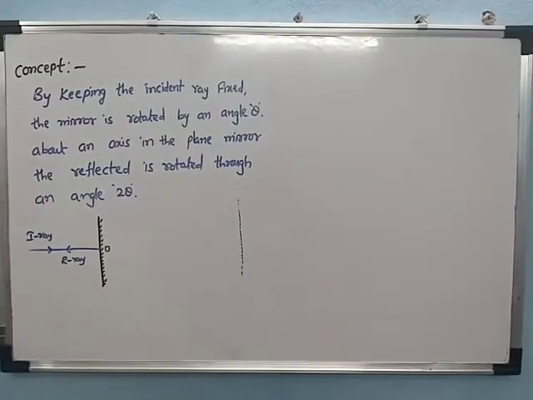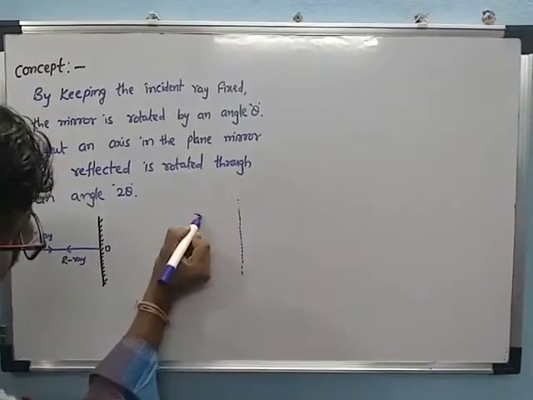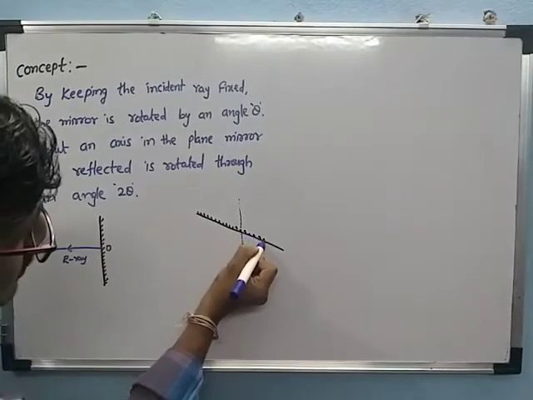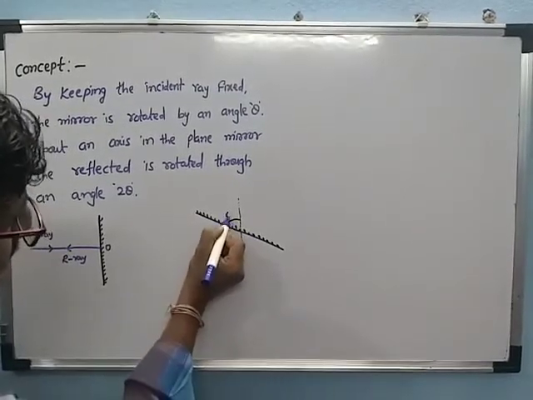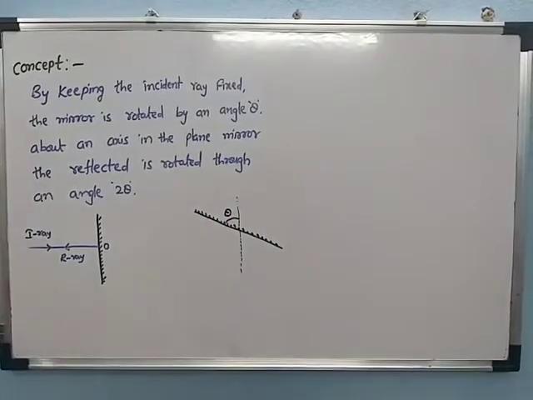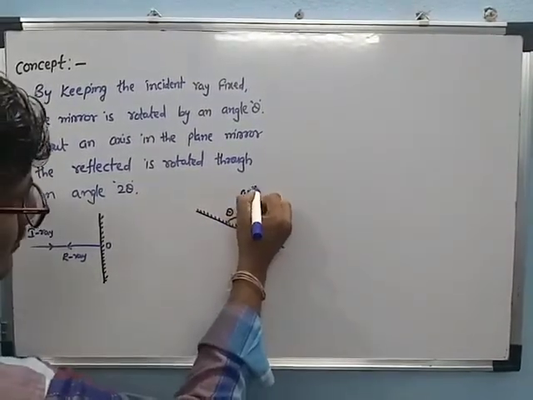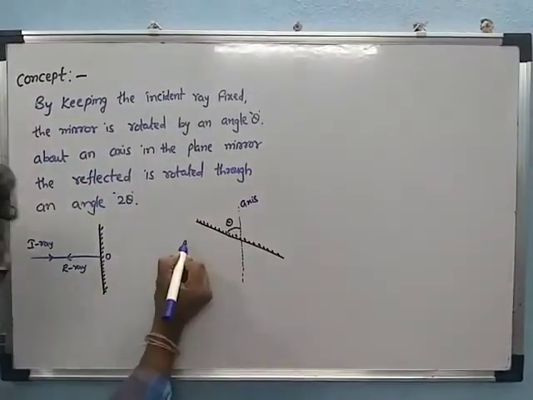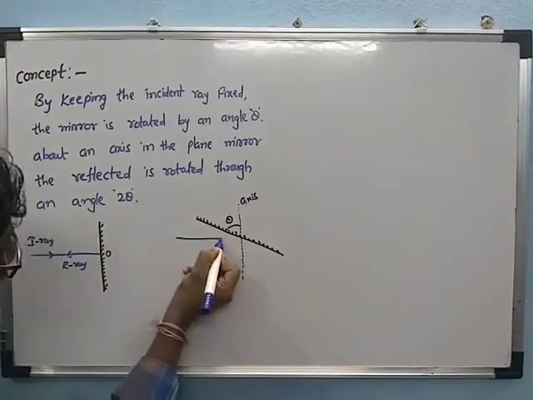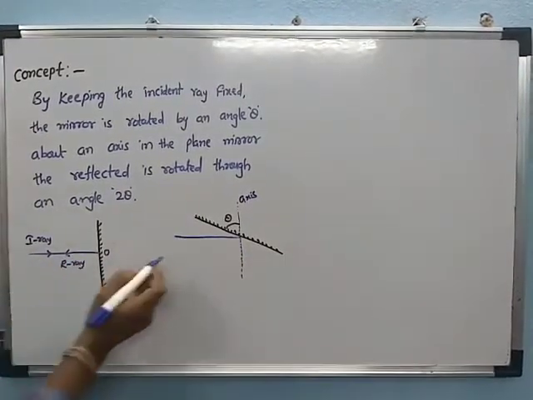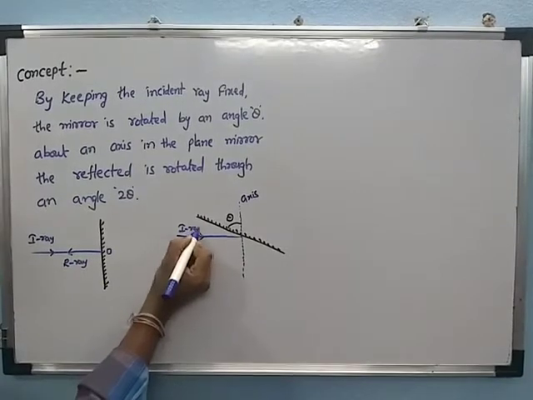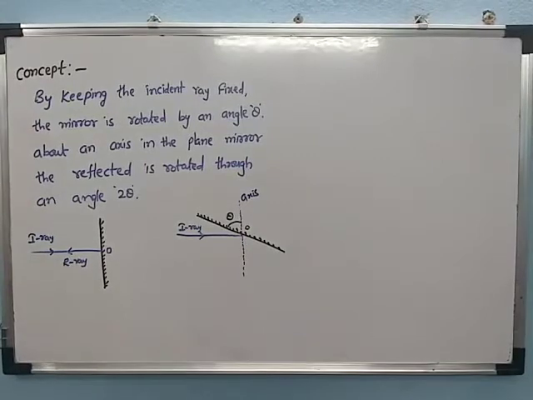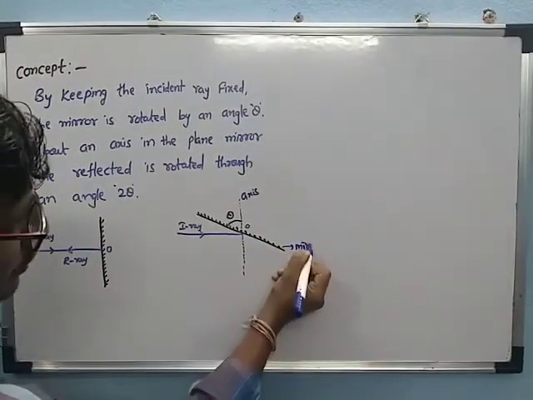But the mirror can be rotated through an angle theta about this axis. Now the incident ray is fixed at the point O, but the mirror is rotated.